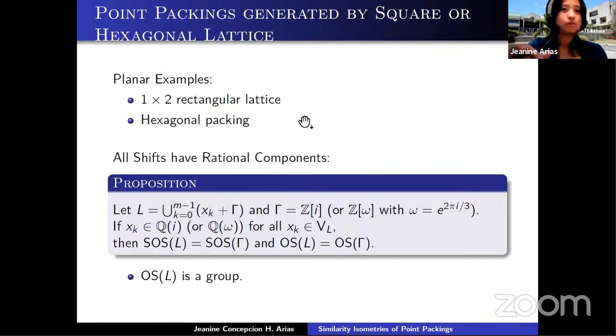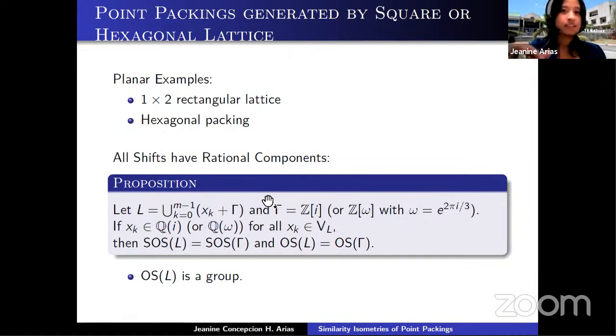For that, we take note that these two point packings satisfy the property that all their shifts have rational components.